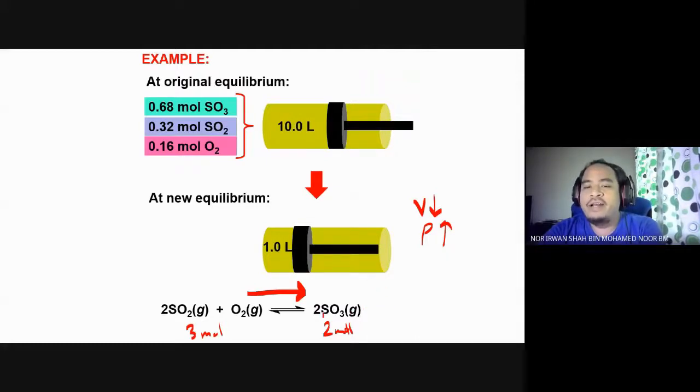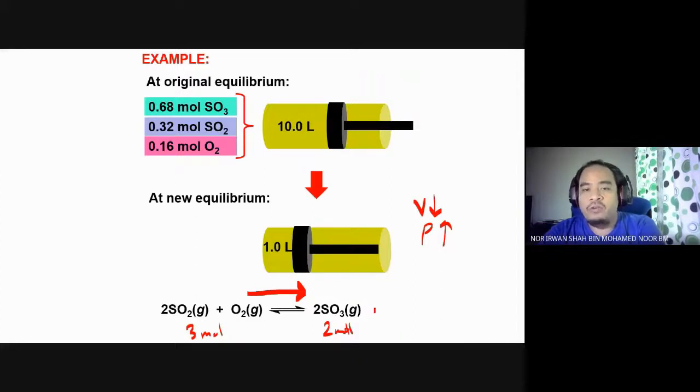Because on the right side there are 2 moles of gas, but on the left side there are 3 moles of gas, the right side has fewer moles of gas compared to the left side. So the system will undergo a net reaction by shifting to the right until Qc equals Kc.